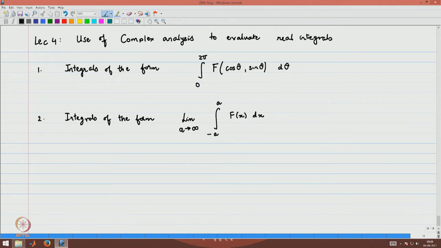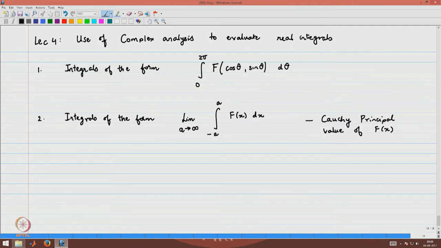The second integral is called the Cauchy principal value of f of x. Both these integrals are seen very widely, and for this reason we will see how going to the complex plane makes evaluating these integrals much easier.